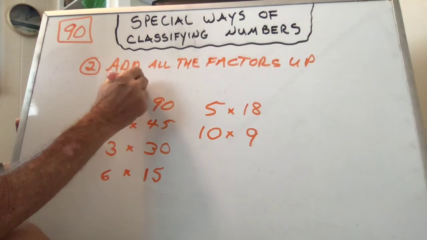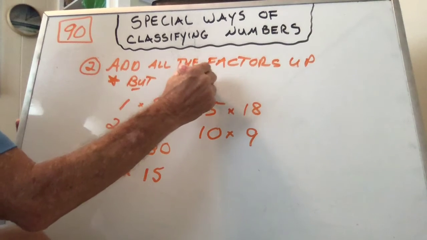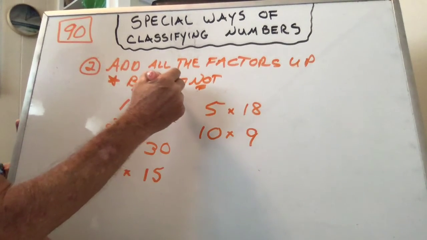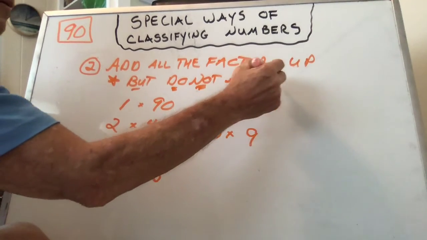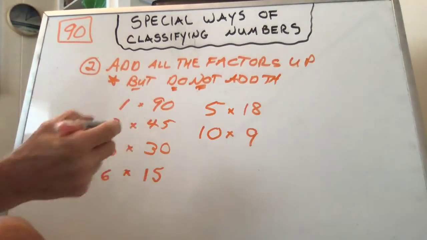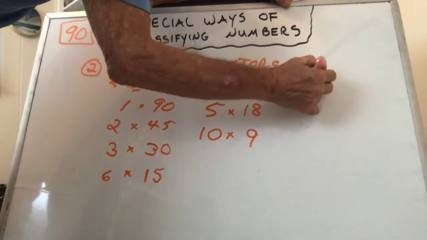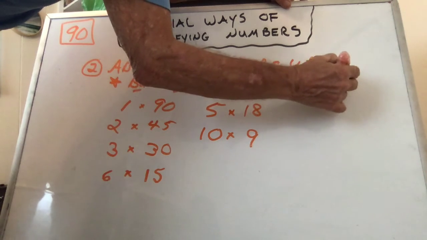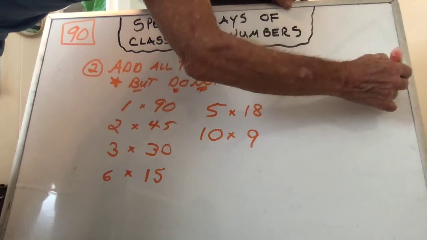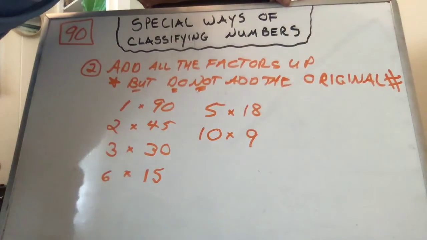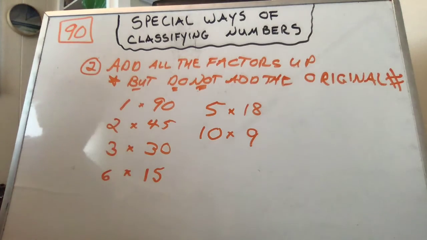but do not add the original number. So you're adding everything here up, but you're not going to add the original number.